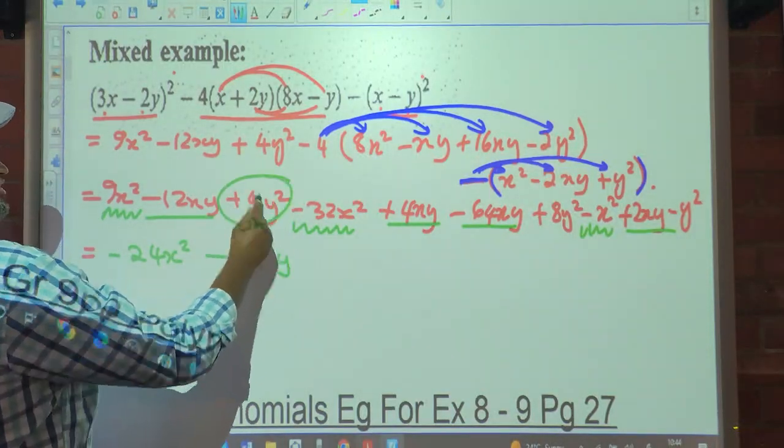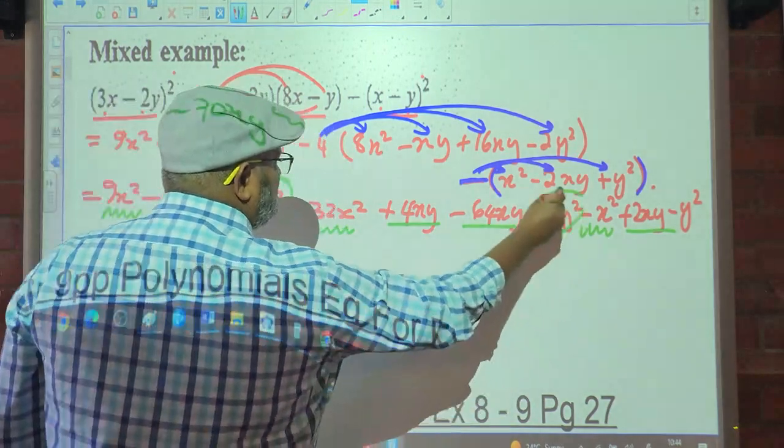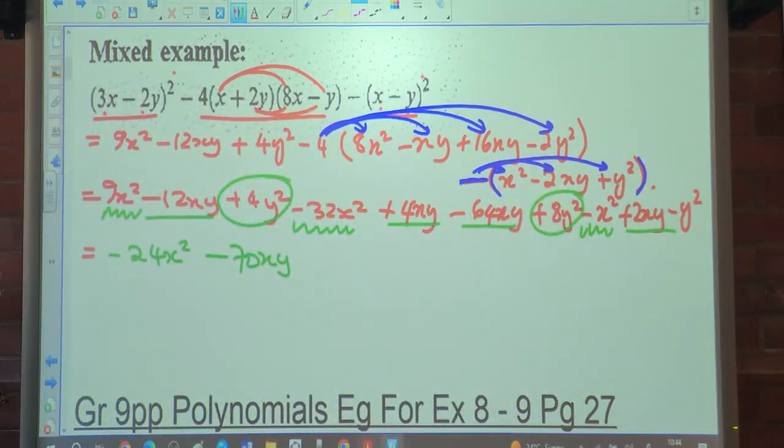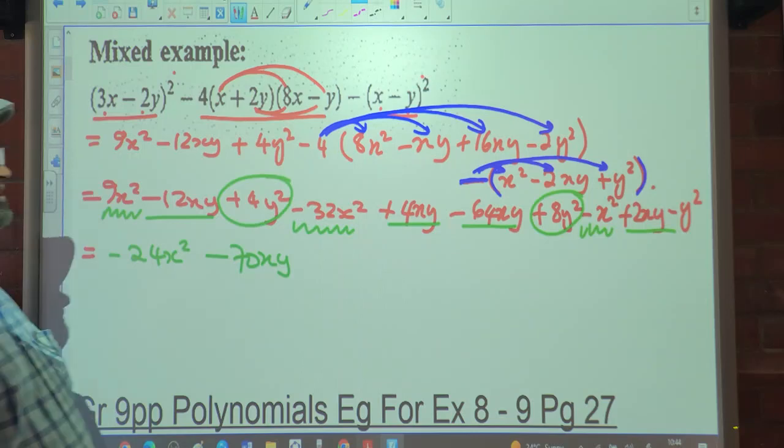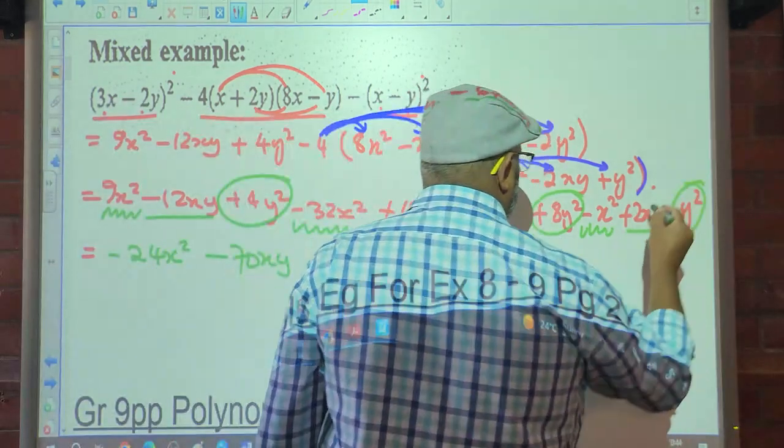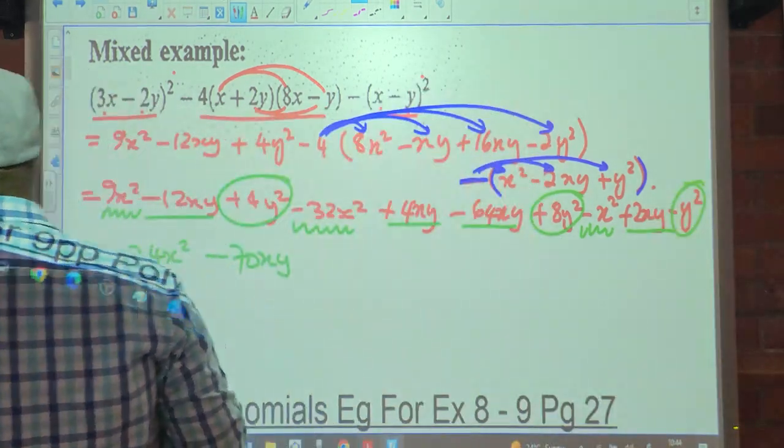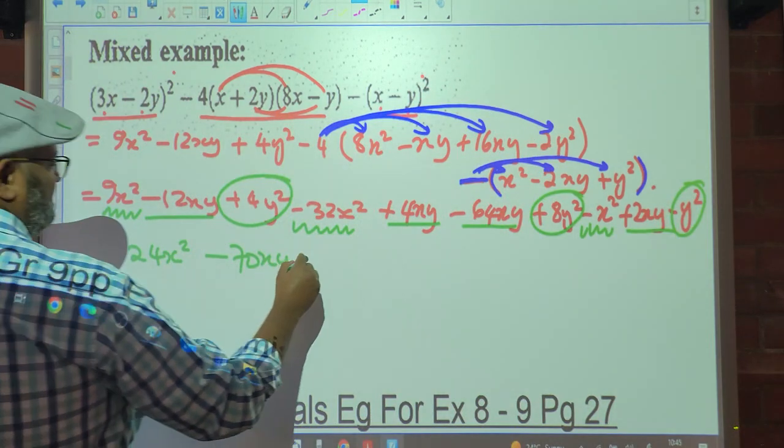So what is 4y squared plus 8y squared? 12y squared. And 12y squared minus y squared, it's 11y squared. Not so?